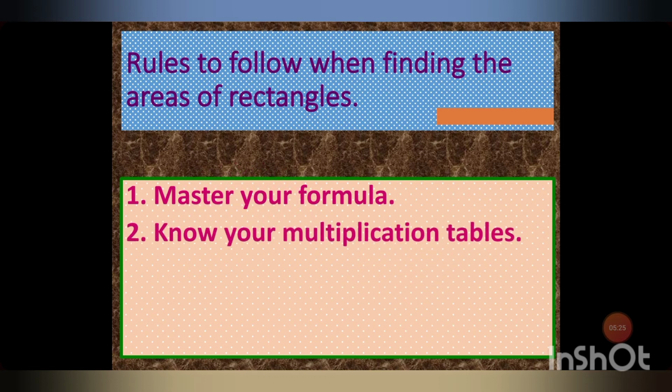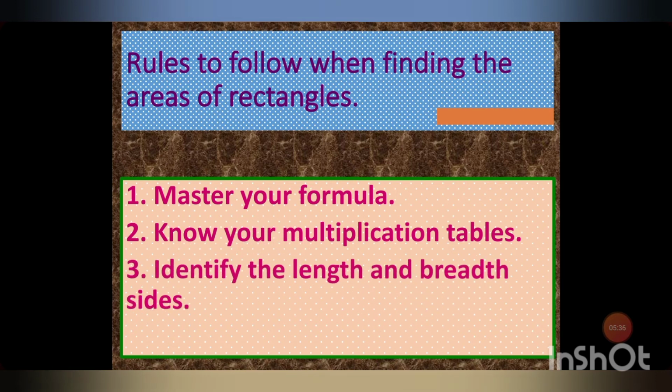Rule 2, know your multiplication tables. Nobody is going to help you with that. You have to master your multiplication tables. And rule 3, identify the length and the breadth sides. We have always said the long side is the length and the shorter side is the breadth. So make sure you identify both sides.